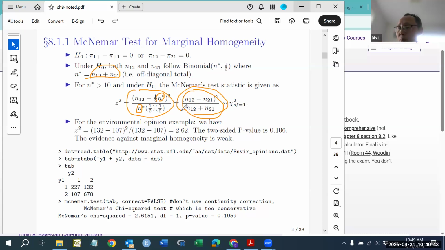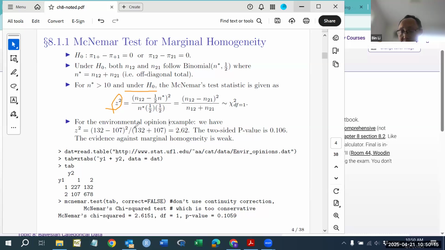This is just very simple math. You can do it after class. And this follows a chi-square distribution with 1 degree of freedom under the null hypothesis. So if we have a very large test statistic, that will lead to rejecting the null hypothesis. If the test statistic is small, then we fail to reject the null hypothesis.